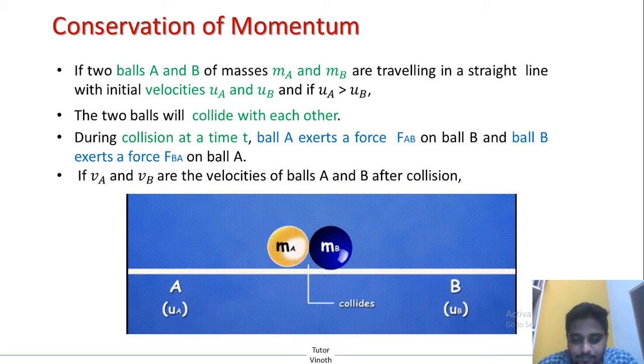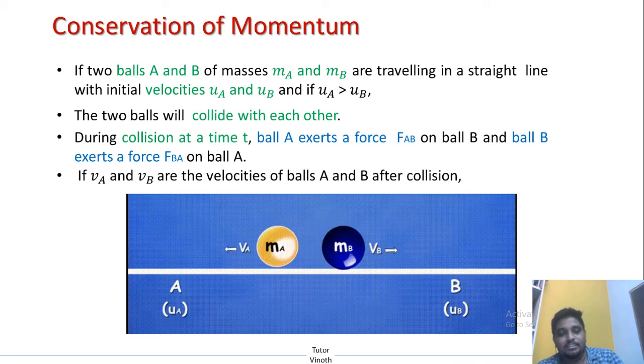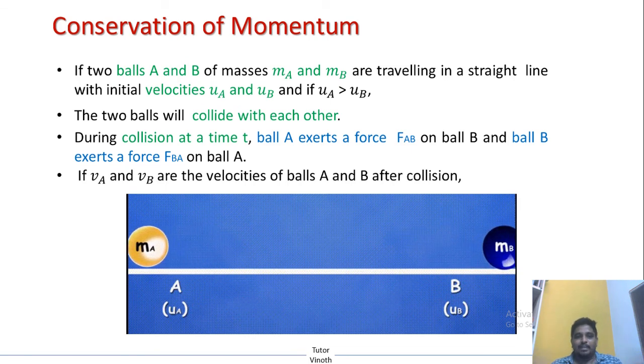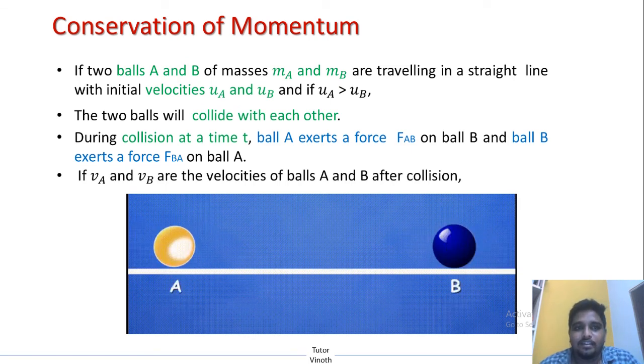The force on A is initially in the forward direction, to the right, and after collision it goes backwards. This is conservation of momentum.